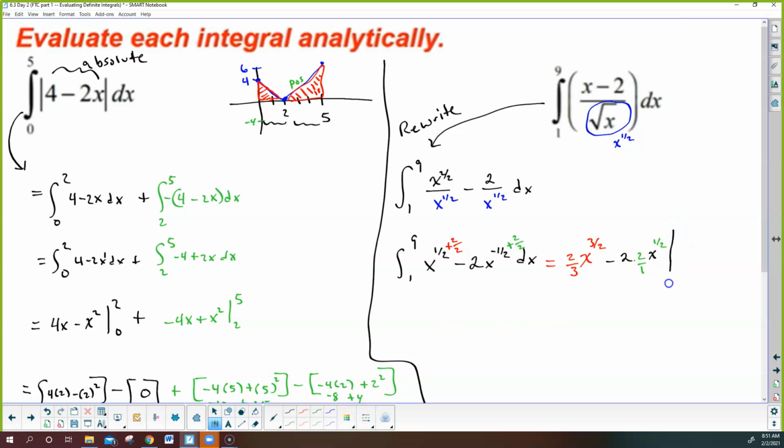And then we used the integral symbol, so that integral symbol goes away. The dx is going to be the difference between the x's at 9 and 1. So now we just have to evaluate. We're going to plug 9 into both spots.